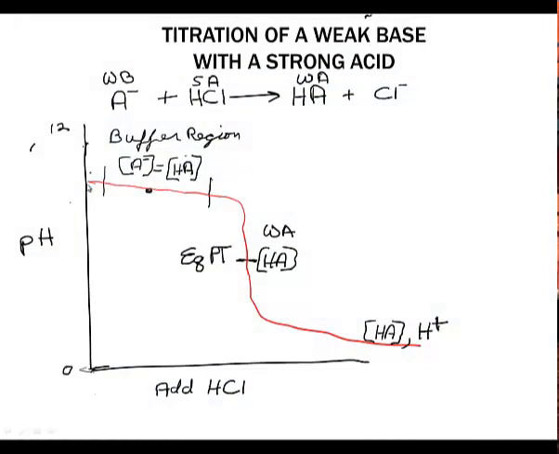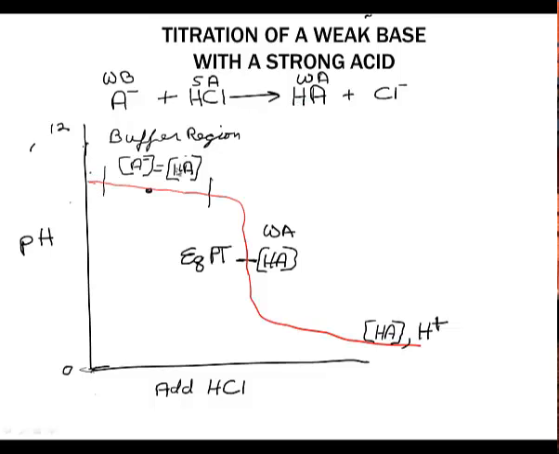Since it's a weak base that we're starting with and we're titrating it with a strong acid, the pH starts out kind of high, certainly in the basic region, but not extraordinarily high. We begin to add our strong acid, but we don't add as much strong acid as we have weak base in solution. So as that's occurring, the H plus is binding to the conjugate base of our acid, or to the anion of our weak acid, and it's making that weak acid.